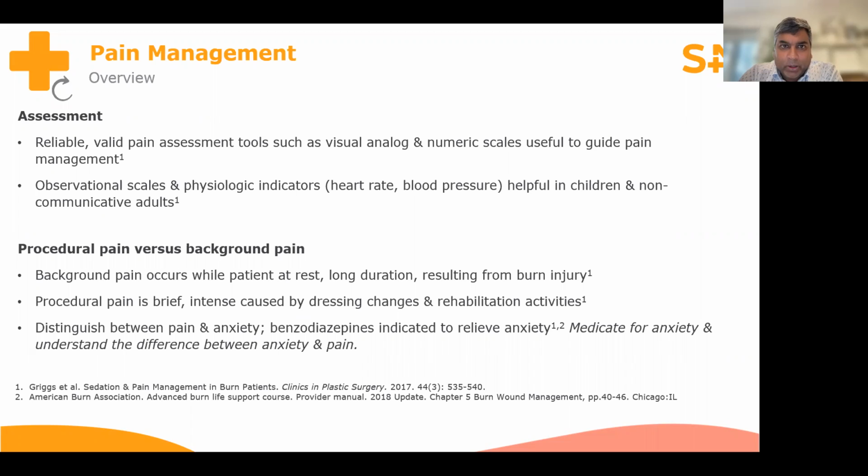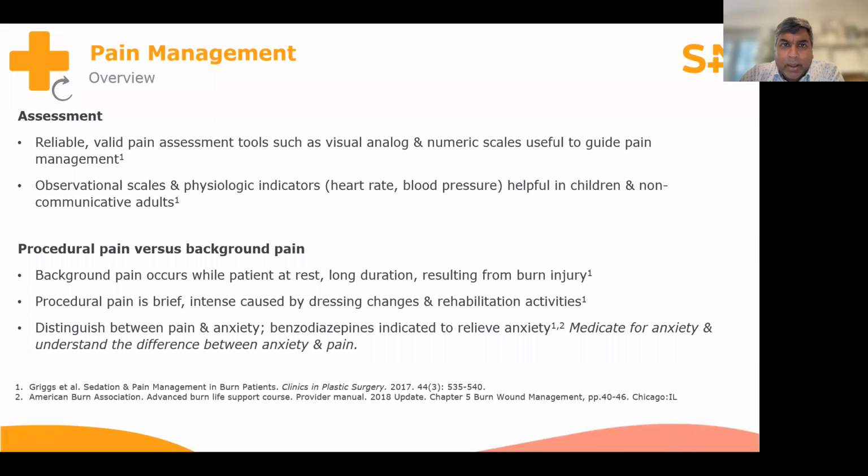As you all know, a burn by itself causes a fair amount of pain, so we need to make sure that we have some long-acting medication that may or may not involve narcotics, depending on the size and extent of burn. We should start off with making sure that Tylenol and NSAIDs are used to the best of our ability, understanding that there are contraindications to that in individuals with ulcers or liver disease.